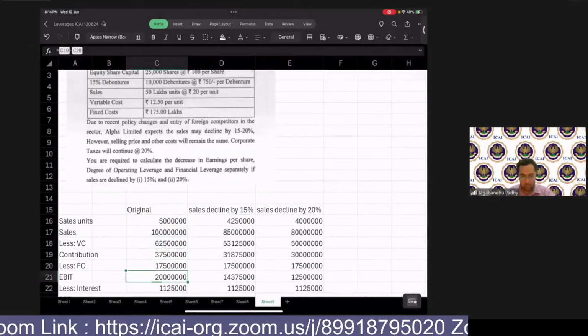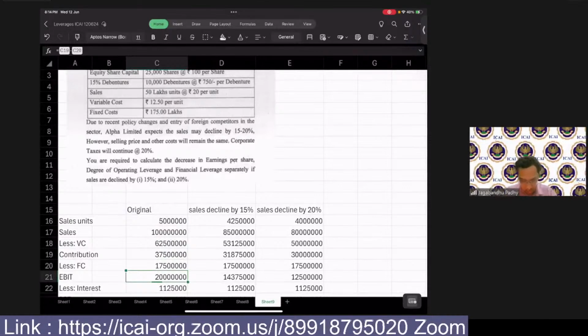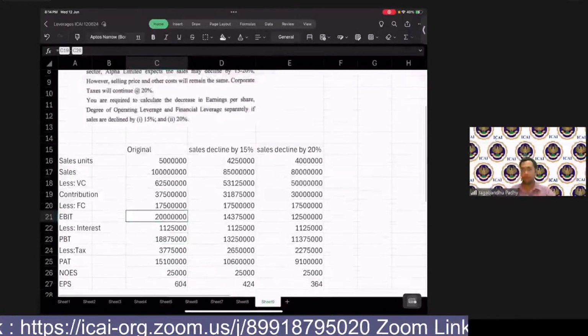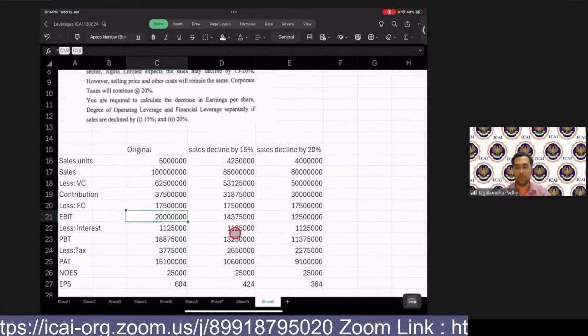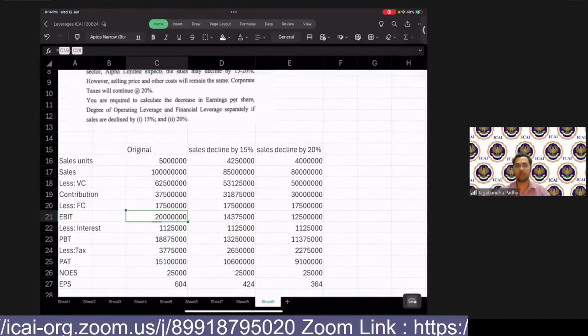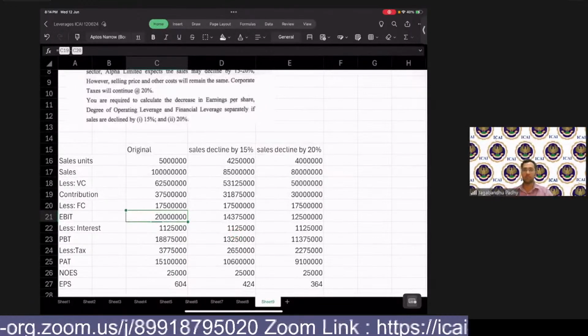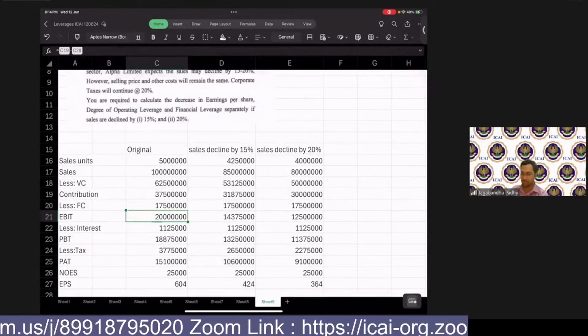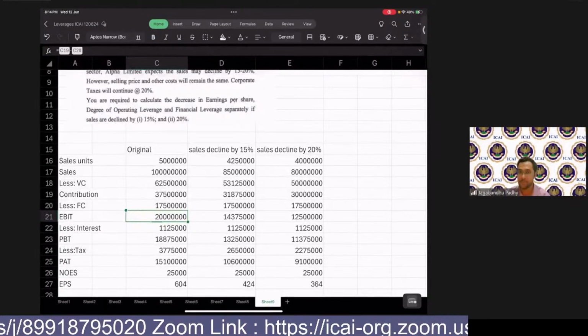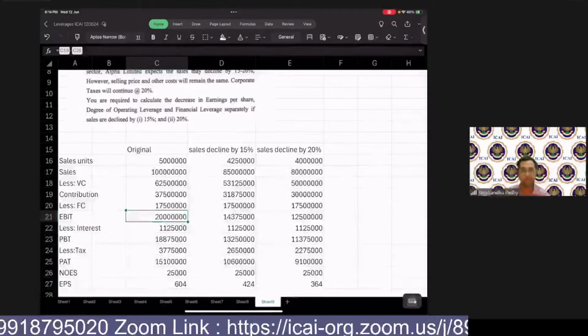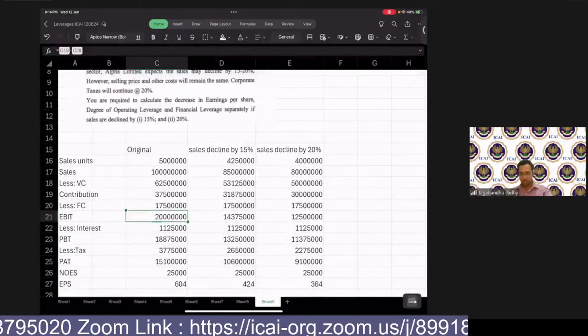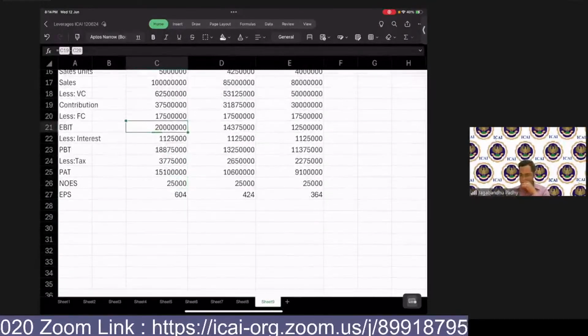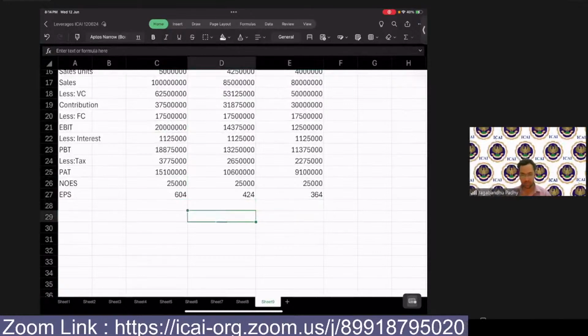Fixed cost is given as 175 lakhs. Okay, fine. So earnings per share, we got 604, 424, and 360.